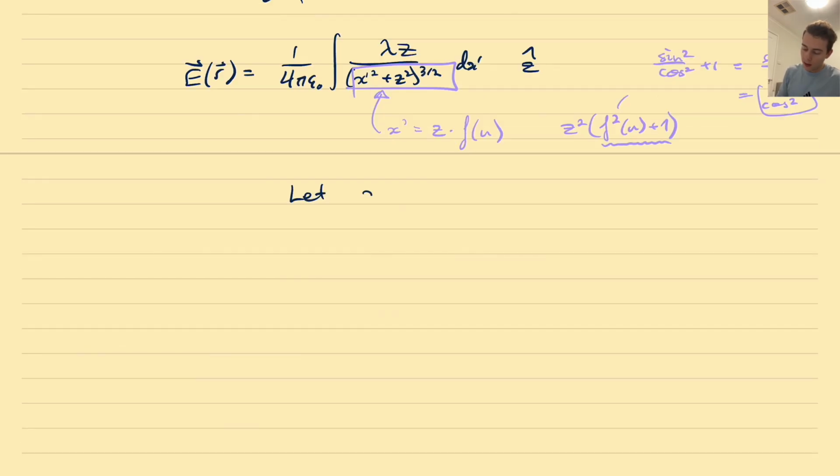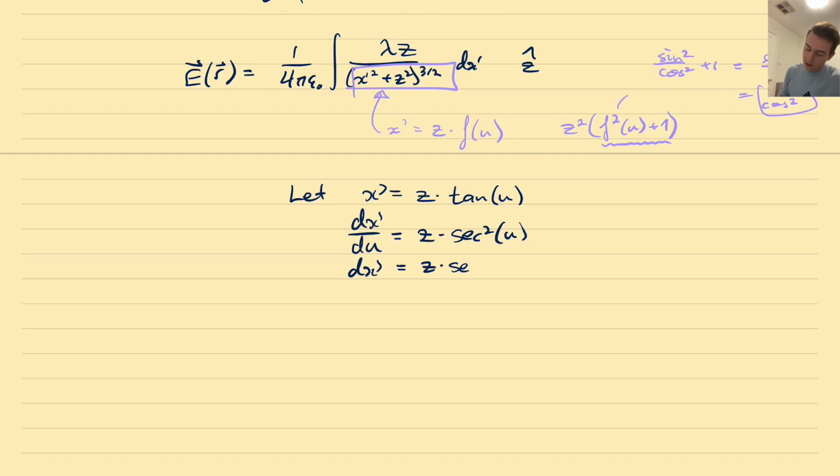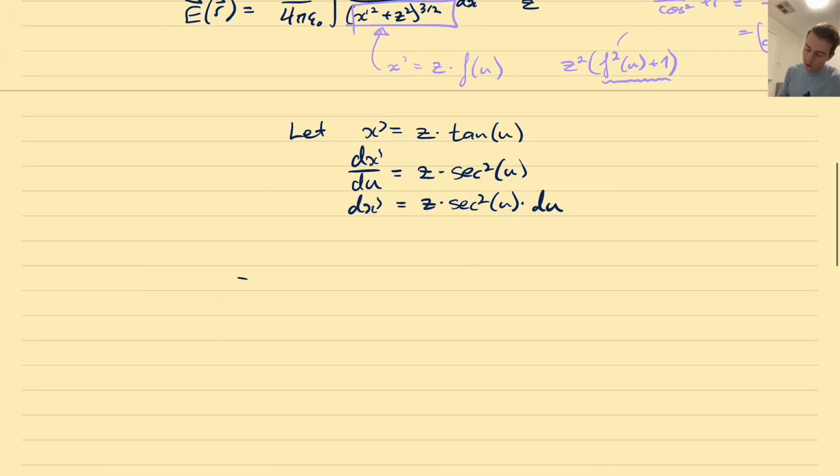So let's do that. We let x prime equals z times tan of u, and I can get the differentiation dx du equals z sec squared u, and so I can just write dx prime equals z sec squared u du.